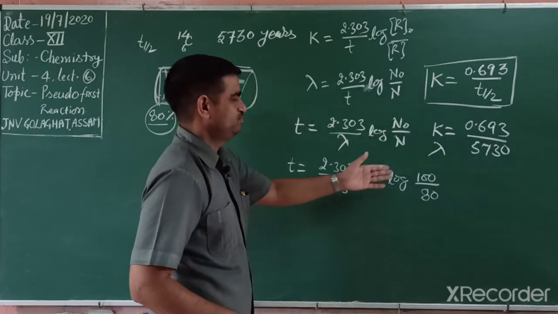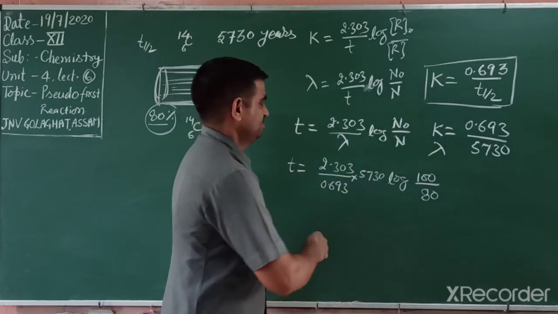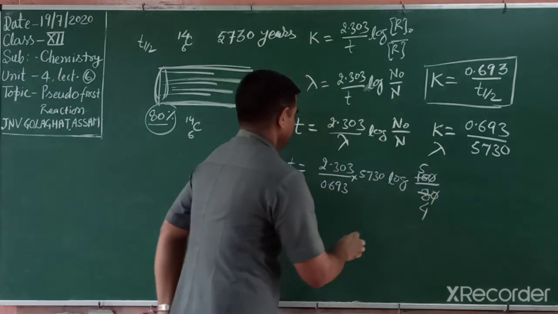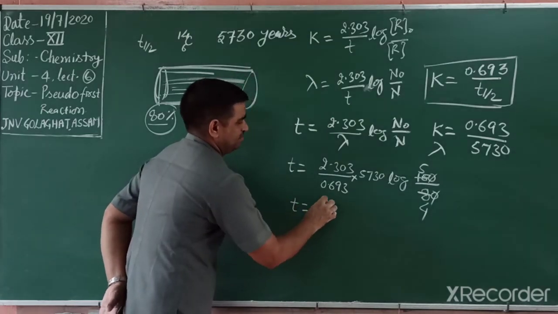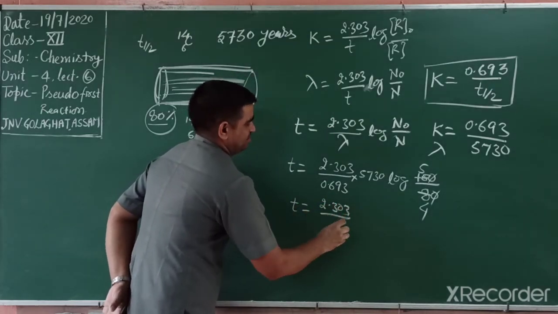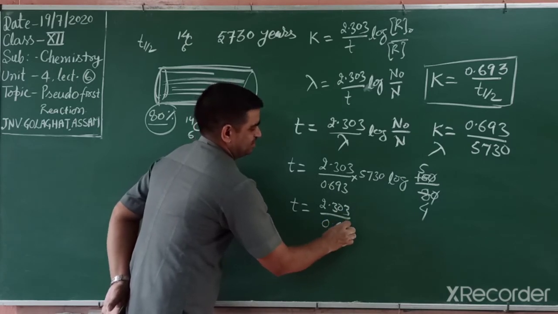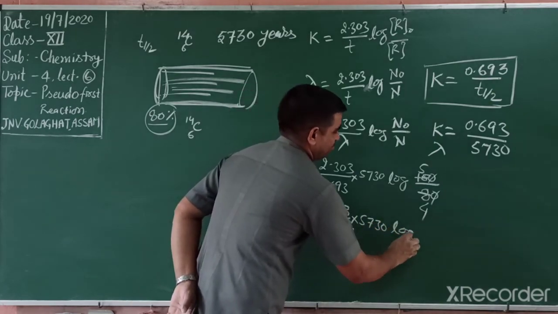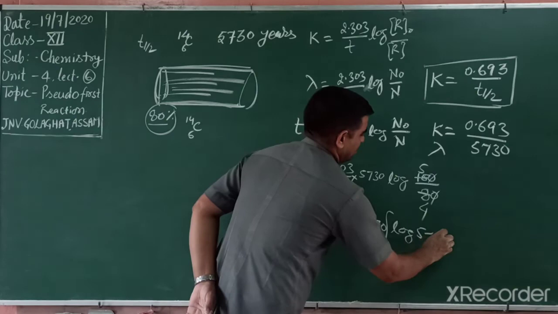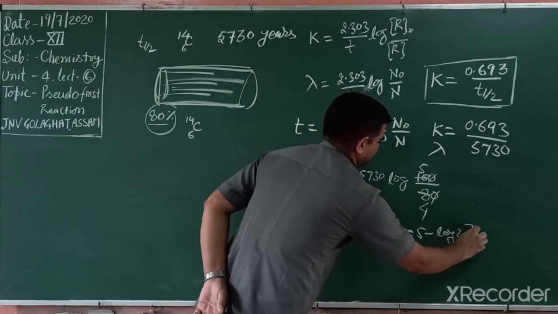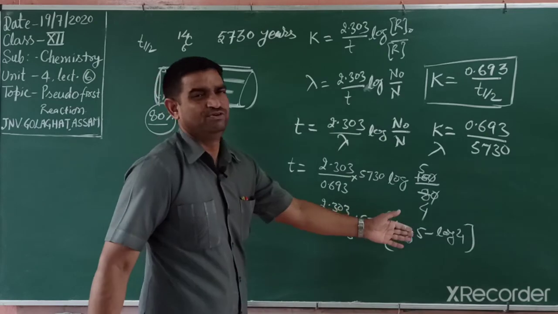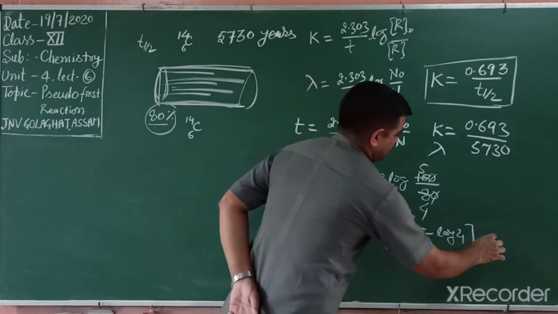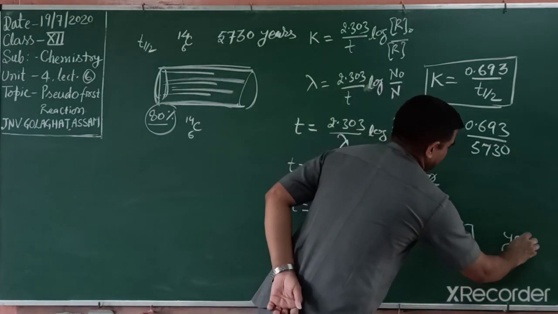So students, if you solve 100 by 80, it is 5/4. So we can write t equals 2.303 divided by 0.693 into 5730 into log 5 minus log 4. If you look at the values of log 5 and log 4 and multiply, after that you can find its value in years.